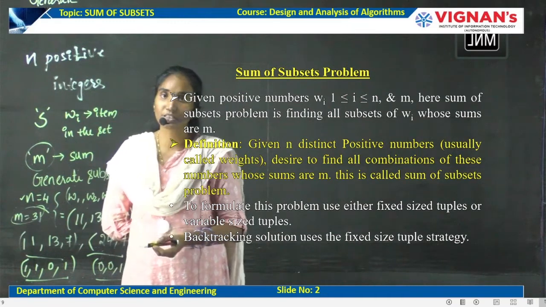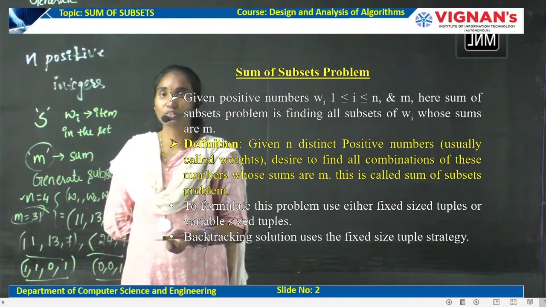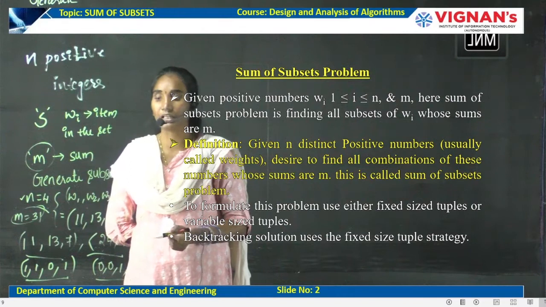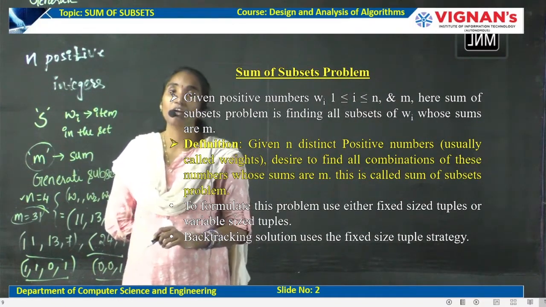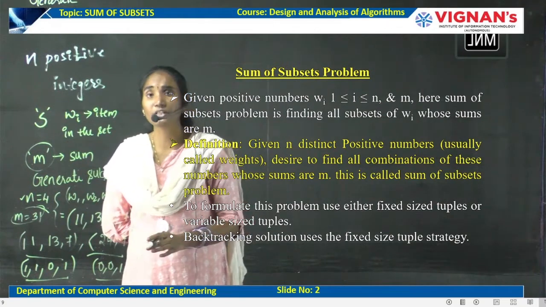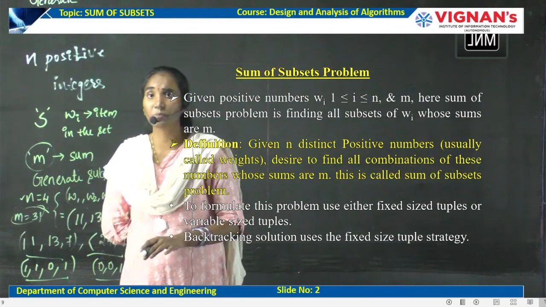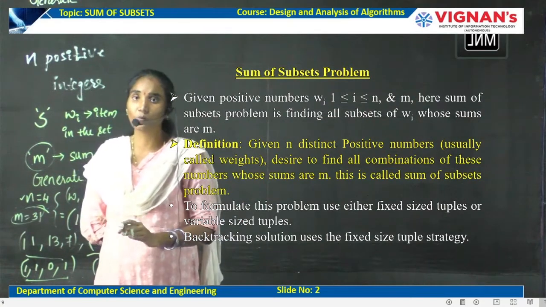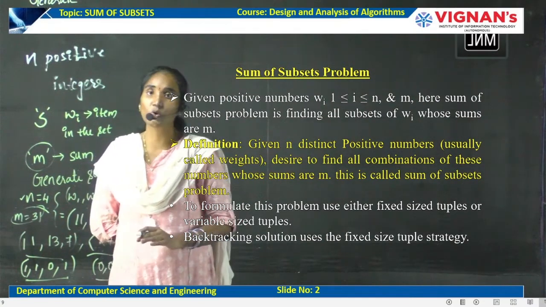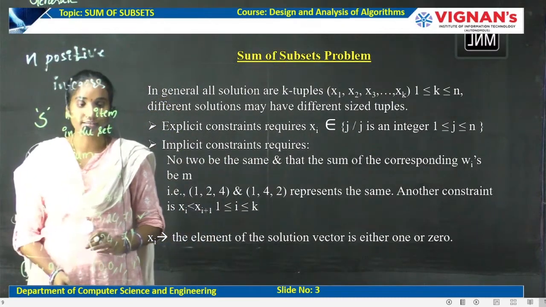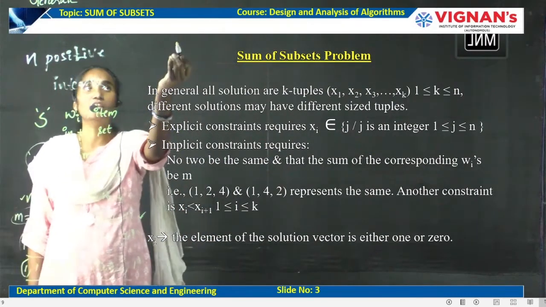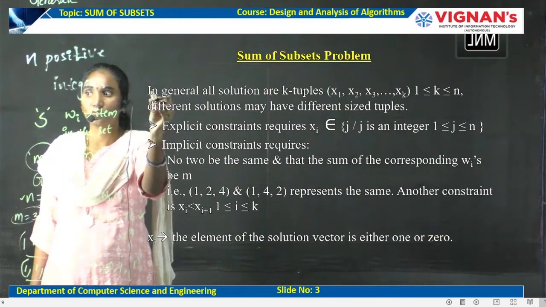So the subsets are 11, 13, 7. The sum 11 plus 13 plus 7 yields 31. Even 24 plus 7 also yields 31. Together, this tuple solution I can also represent like this: 1, 1, 0, 1 and 0, 0, 1, 1.